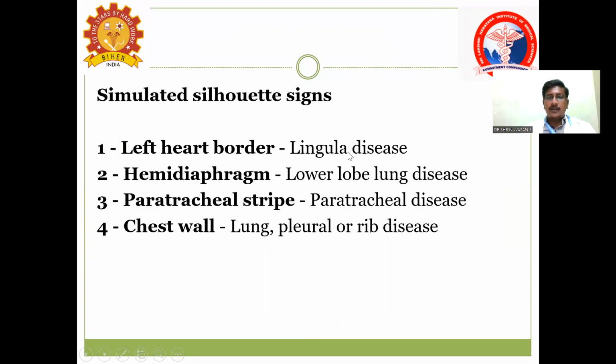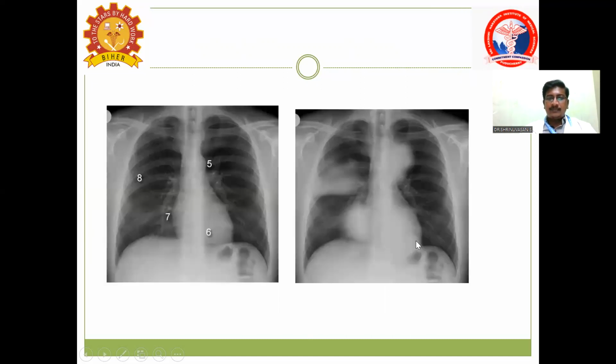So left heart border obscured by lingular disease, hemidiaphragm obscured by lower lobe lung disease, paratracheal stripe again upper lobe disease, chest wall by pleural or rib disease. Same thing here, so 5, 6, 7, 8. Can you name these structures? Yes.